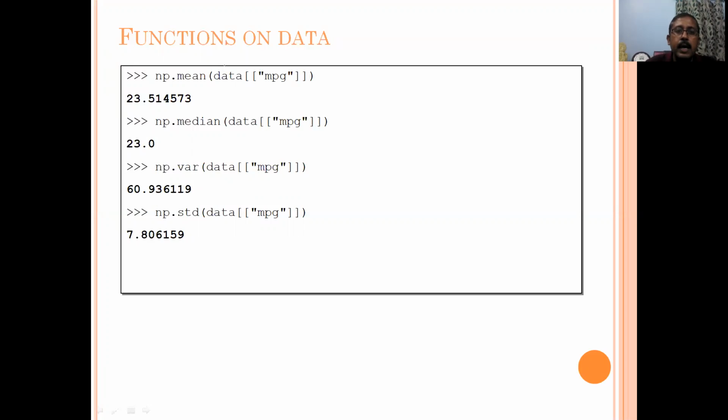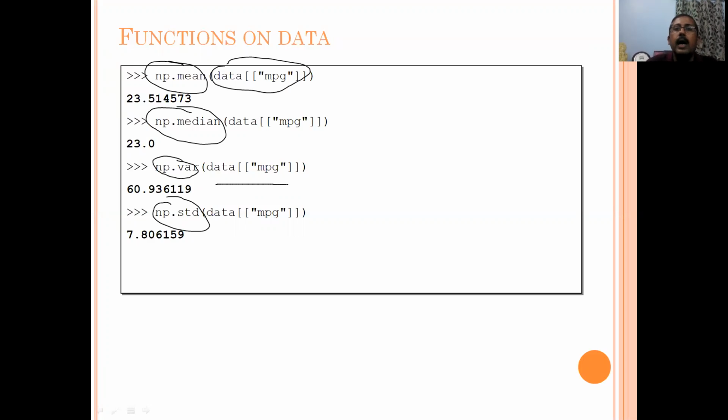I can simply get that column selected and then apply np.mean or any other statistical function like np.median, variance, or standard deviation. All those things we can simply apply on the column which we retrieve using the Pandas library, right? So this is all about the Pandas library.